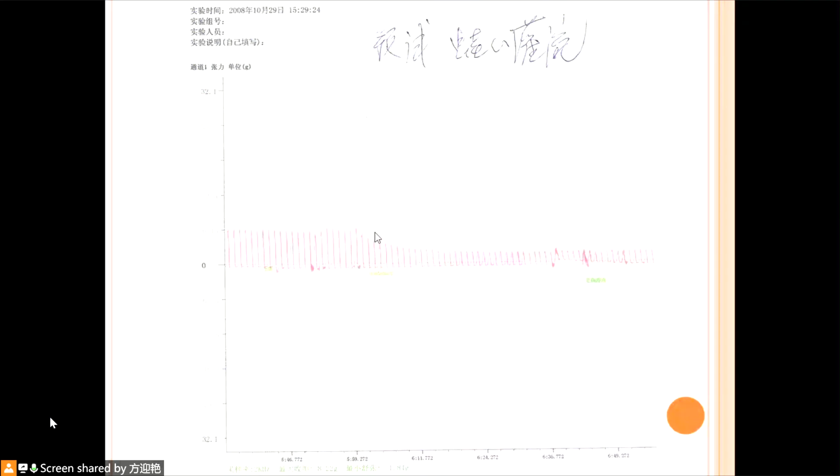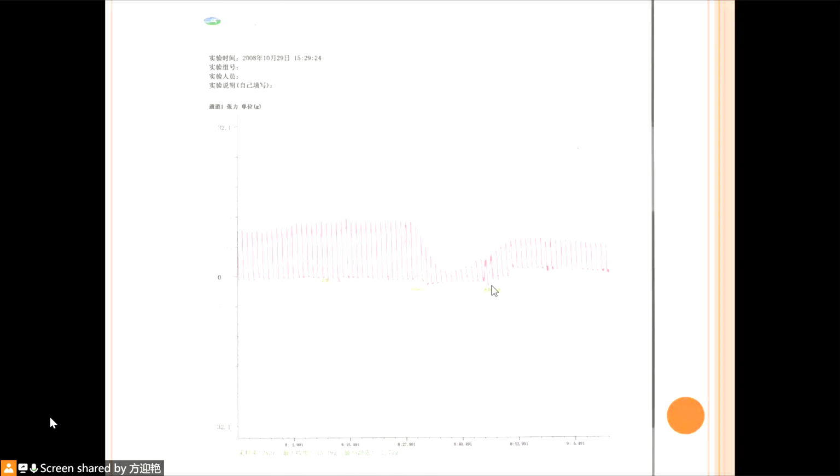Ringer's solution. And then we dropped the 0.65% solution. We found that the force and the rate decrease, and then we washed it.